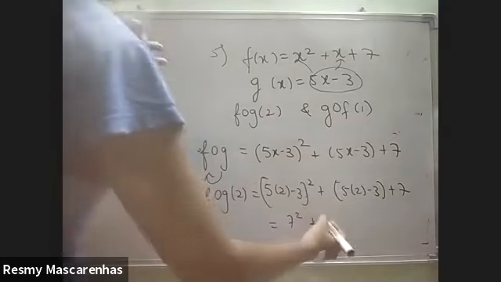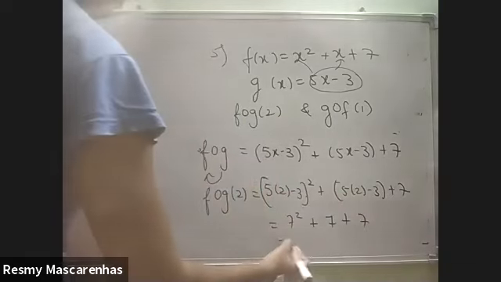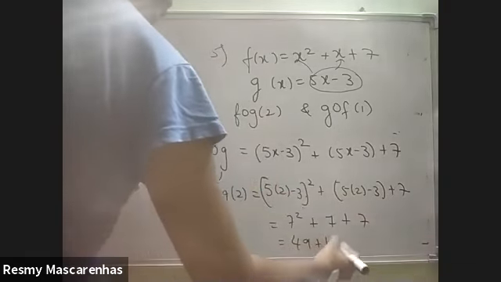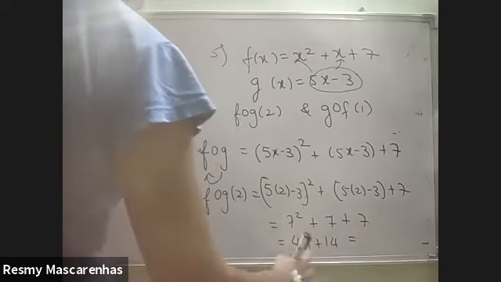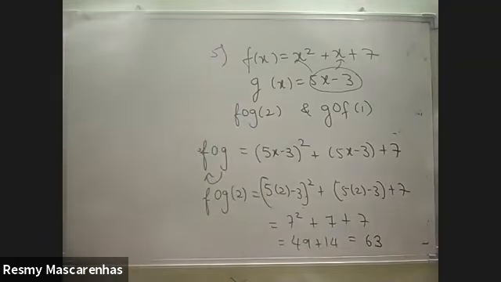Then again 7 plus 7. So 49, 363 will be your answer. So if any number has been given, then find that FOG or GOF and just put that value instead of x.